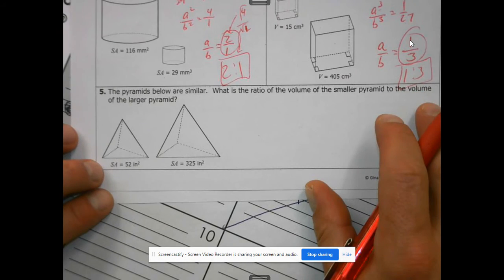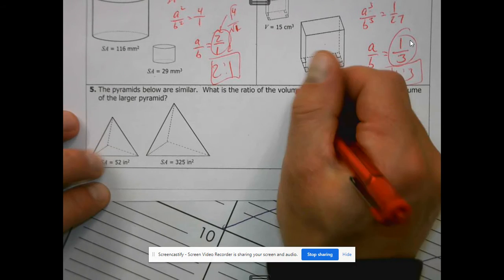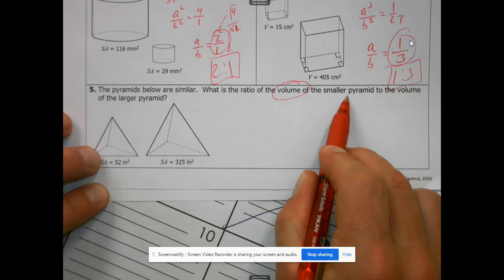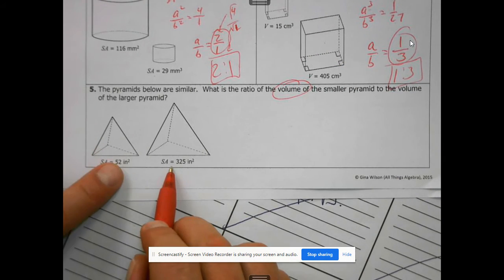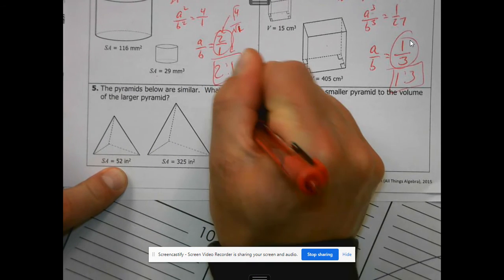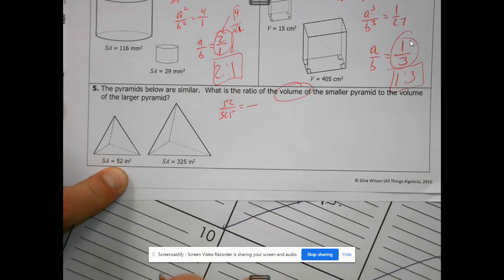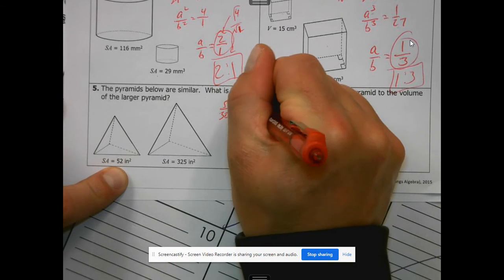Number 5. The pyramids below are similar. What is the ratio of the volume of the small pyramid to the big pyramid? It gives us surface area. First, we've got to reduce. 52 over 325 reduces to 4 over 25.